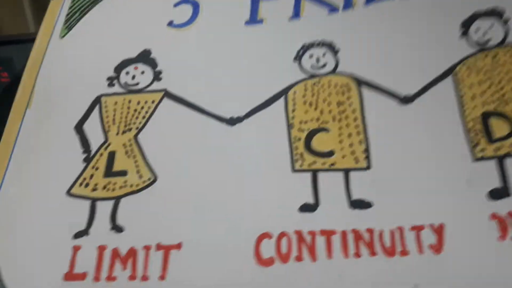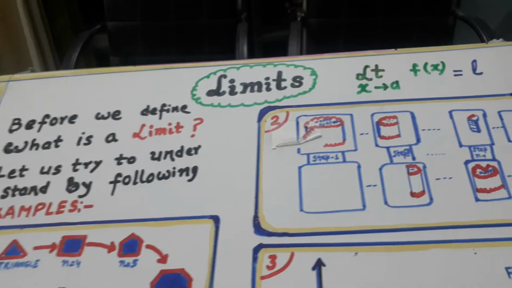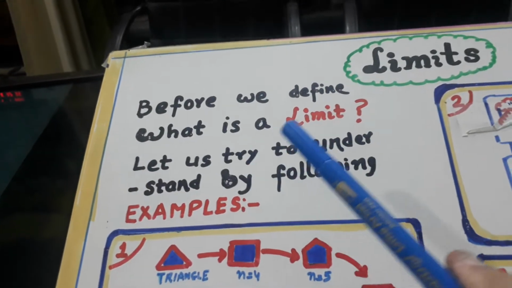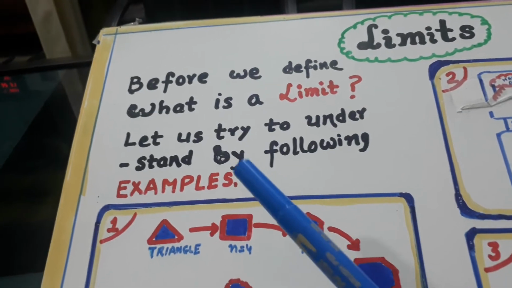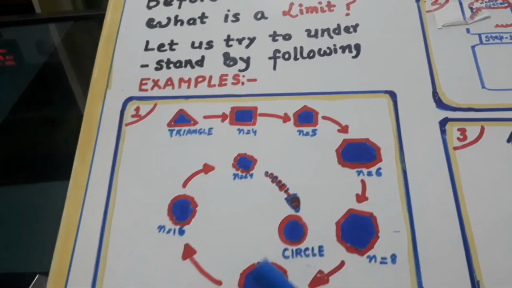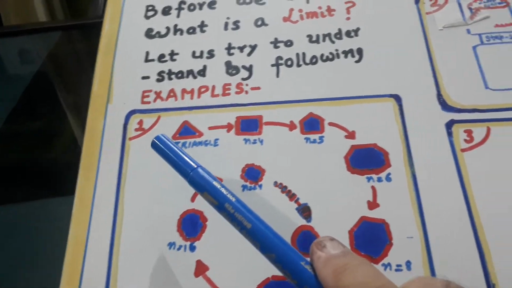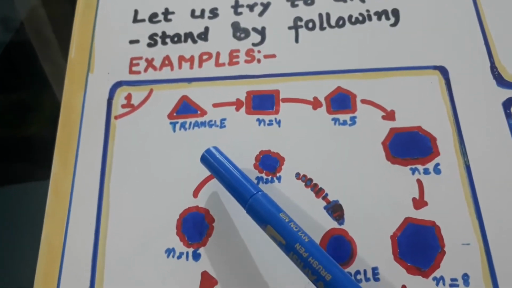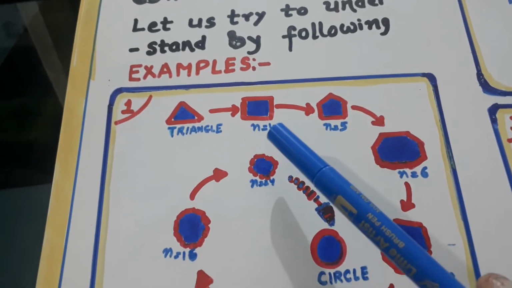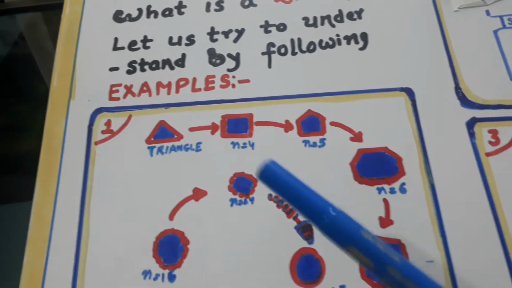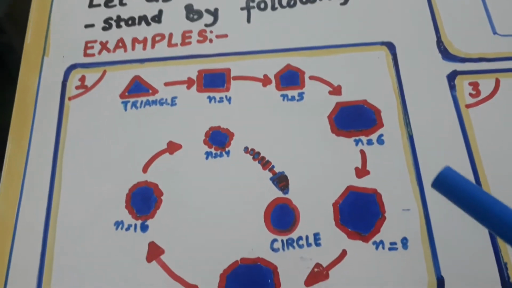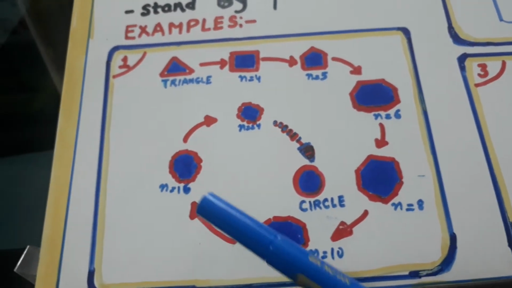What is a limit? Look here. Before we define what is a limit, let us try to understand by following example. Example number 1. Look here, it is a triangle here. 3 sides are there. Go on increasing the number of sides. 4 sides are there, 5 sides are there, 6, 7, 8 and so on.